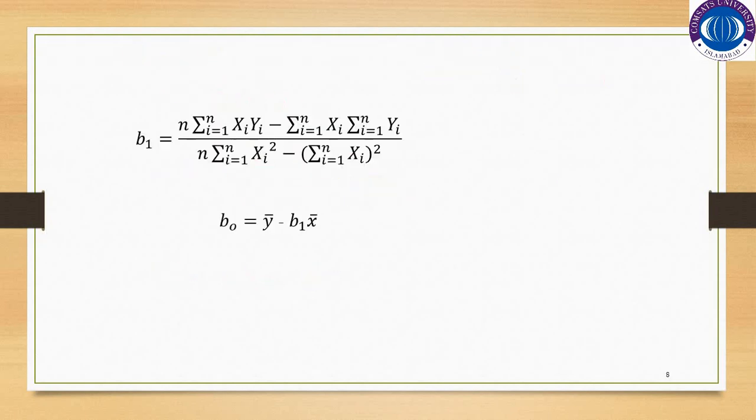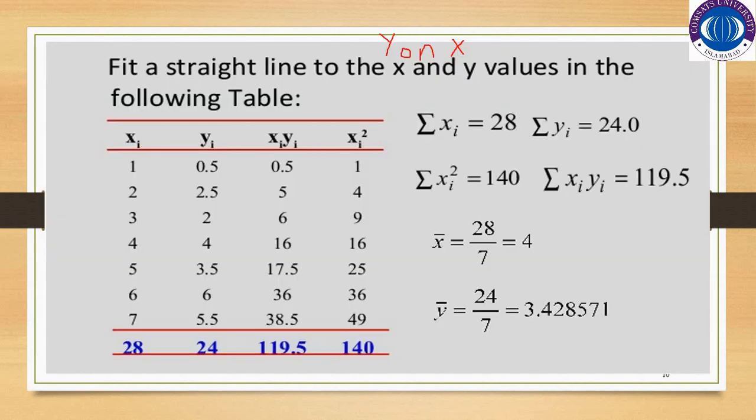For this purpose, you need to find these two values, b1 and b0, and we need all these calculations. Summation x is obtained by summing this column, summation y by summing this column, summation xy by summing this column, and summation x square by summing this column.